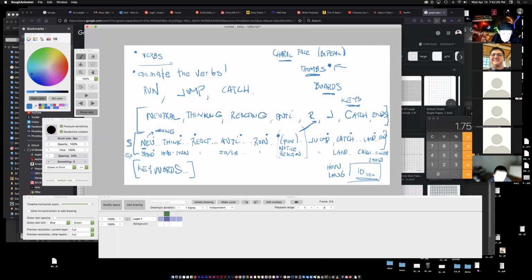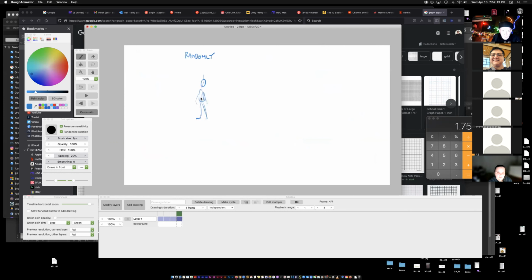Right? So this is a big change. And it might even affect the idea of thinking and reacting and anticipating. But that's okay. So here we're studying this as just a simple pose, remembering that you were going to design a character that was 5 or 6 heads tall.